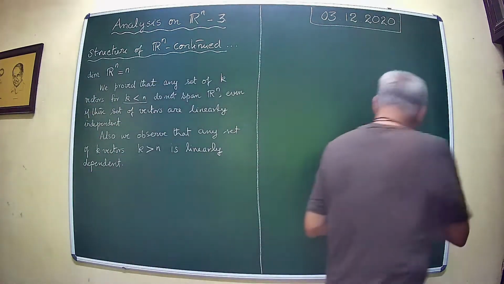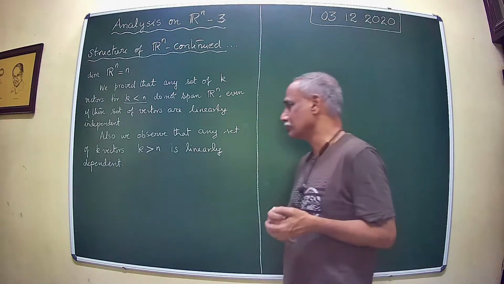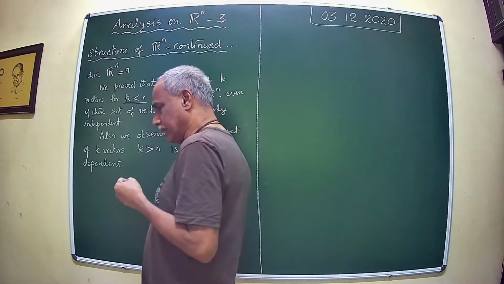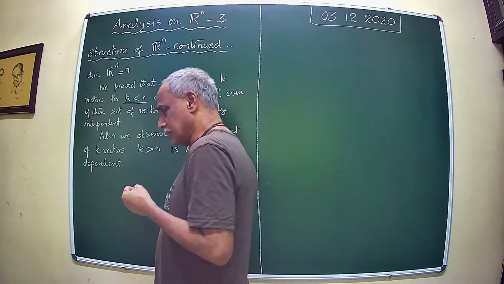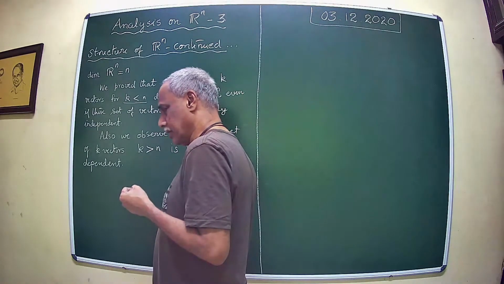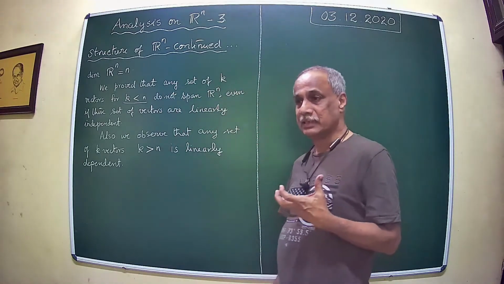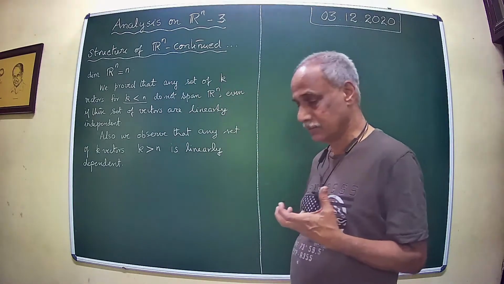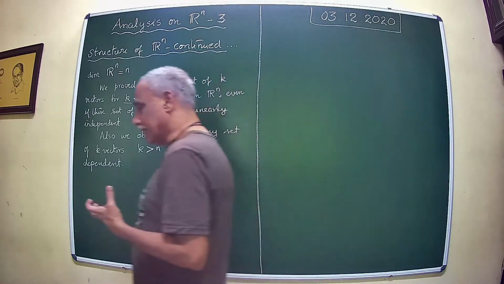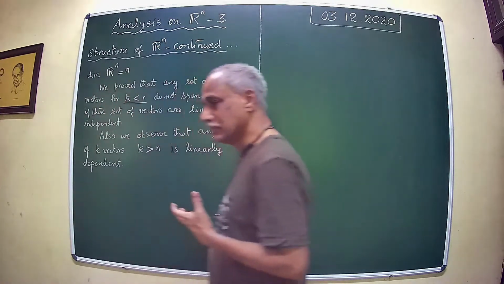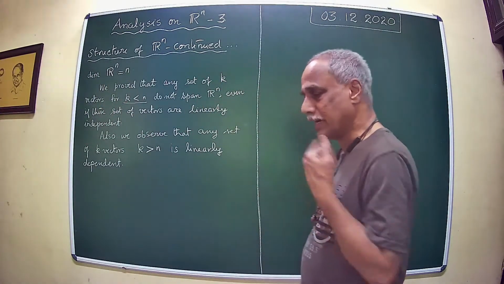Now put these two pieces of information together. We are searching for a basis. What's a basis? A basis is a set which is linearly independent as well as it spans Rn.